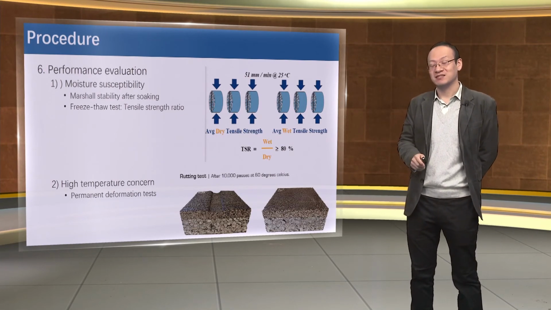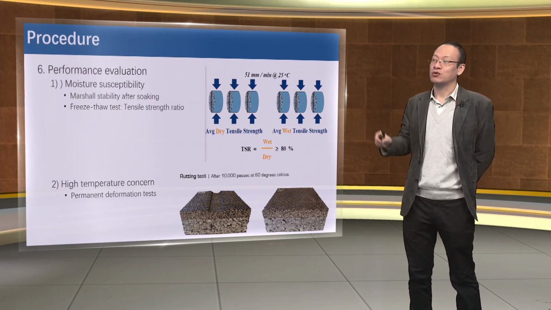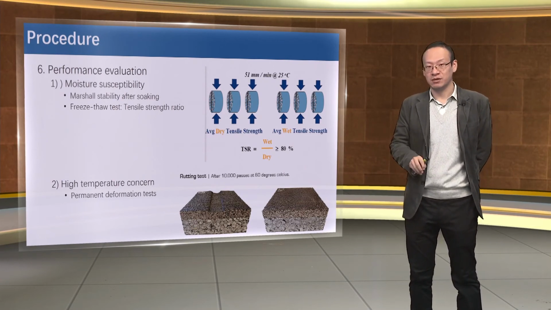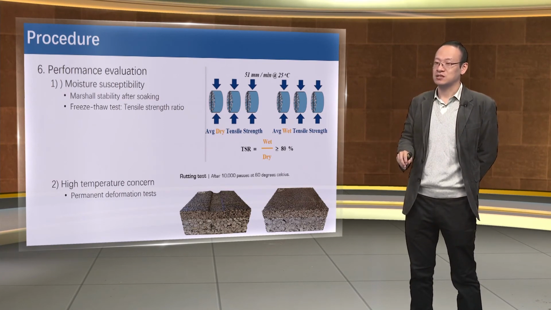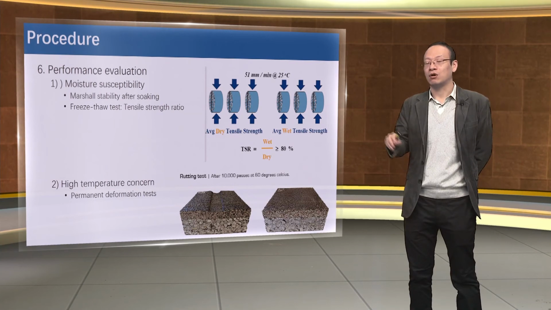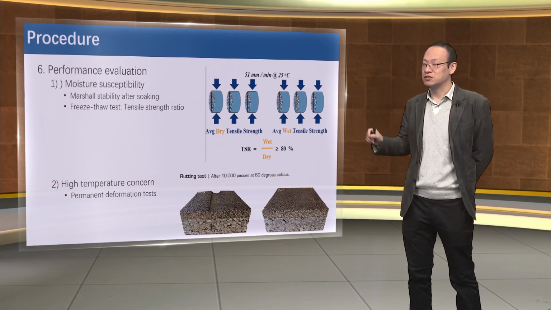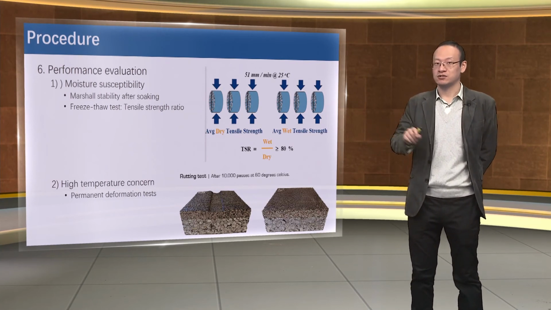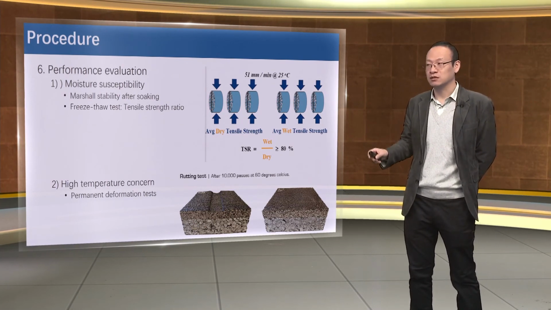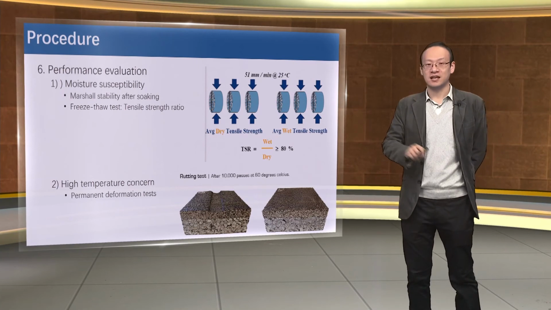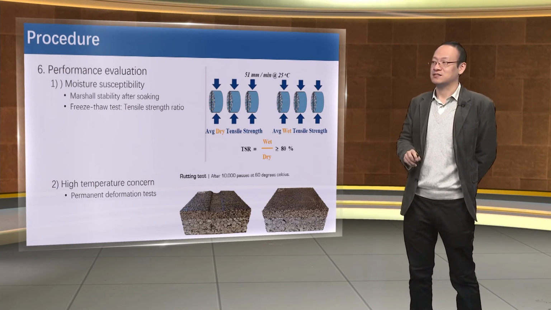For the moisture susceptibility, we are going to check if our design mixture has sufficient moisture stability. That means after moisture damage or freeze-thaw damage, the mixture still has sufficient strength. We use Marshall stability after soaking or use the freeze-thaw test to test that.